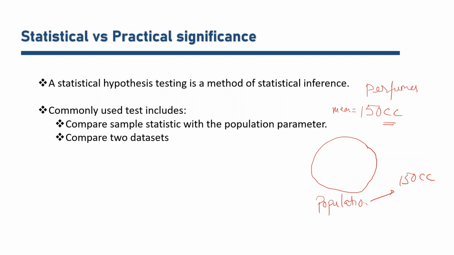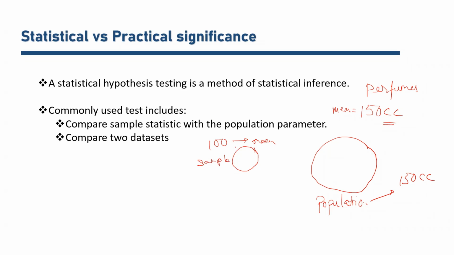What we can do is we can take out samples, as I said, like 1,000 samples or 100 bottles, and that is the sample statistic. So if you take out, say for example, 100 bottles and calculate the mean, that is your sample.